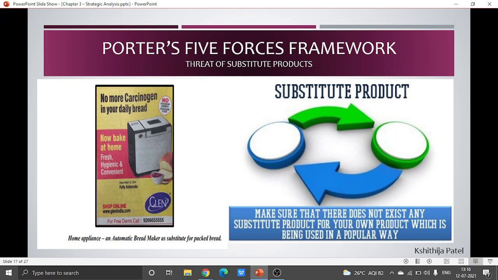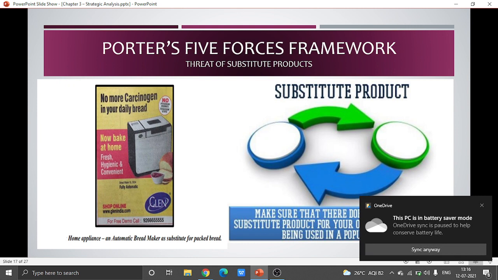What happened was the bread makers were charged with allegations about the presence of carcinogenic chemicals in their product. So the firm offering the substitute product, that is the home appliance for making baked bread at home, left no stone unturned to avail this opportunity. Now it posed a serious threat to the bread manufacturers.